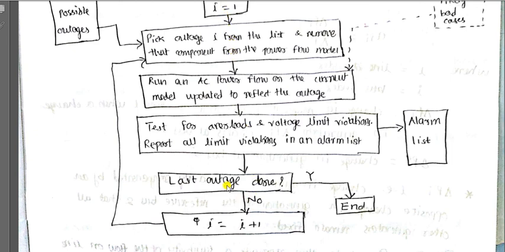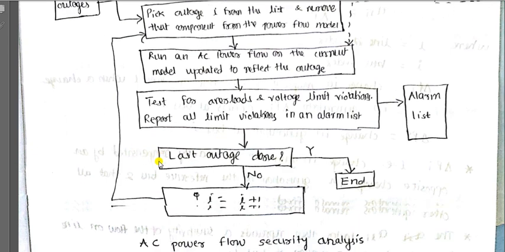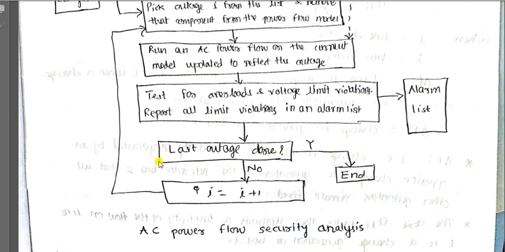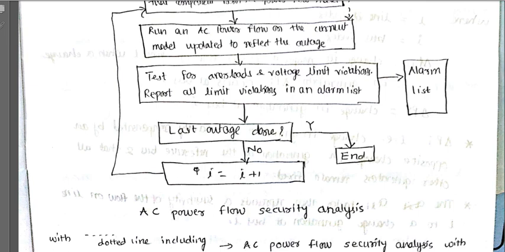In that case, it is not the last contingency and therefore i is incremented by 1. So i will be made 2, and once again the same procedure is followed until all the contingencies are considered. So this is all about the AC power flow security analysis method.